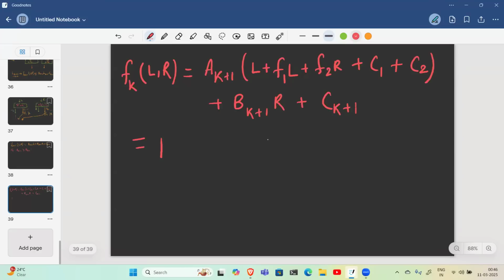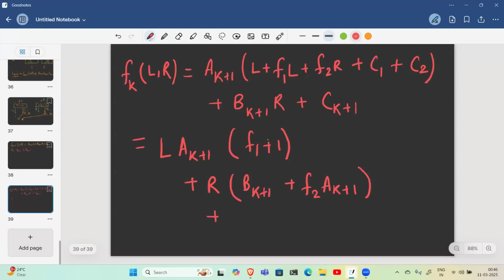So let me separate this and write it like this: L times a_{k+1} times (1 + F1), plus R times b_{k+1}, plus F2 times a_{k+1}, plus, and here comes the constant term, c_{k+1} plus a_{k+1} times (C1 + C2).